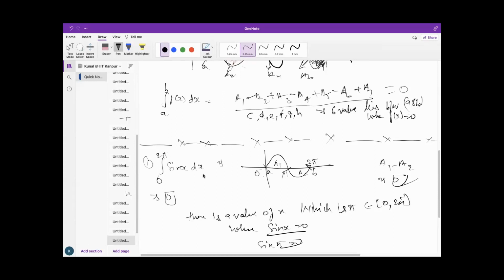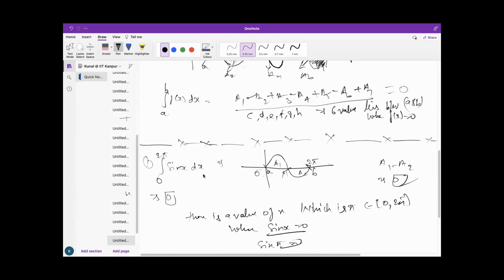I am trying to show you by drawing the actual function graph. Above, we assumed the function looks like this. But here I just took the function sin x and drew its graph. I'm trying to show you that if the definite integral value is 0 for any A to B, then there lies a C between A and B where the value of the function is 0.